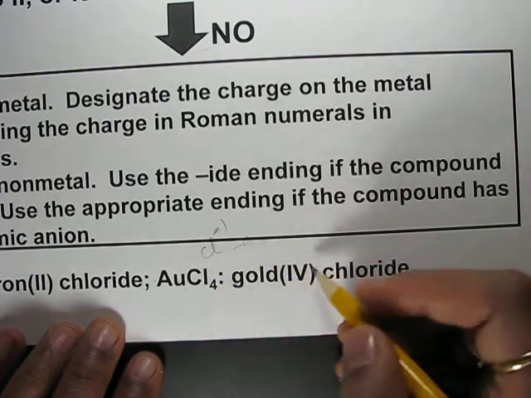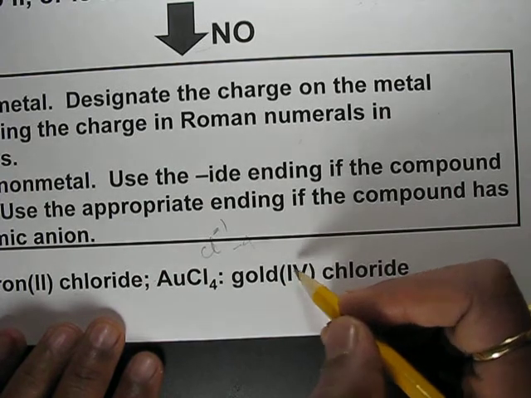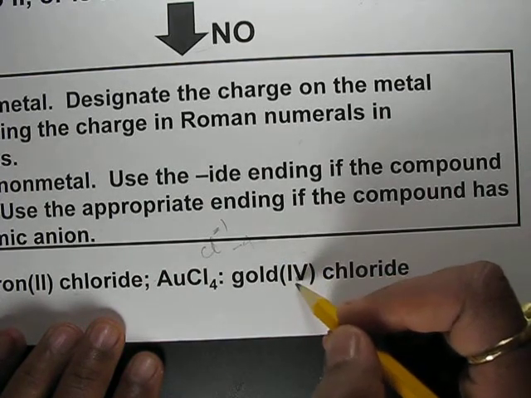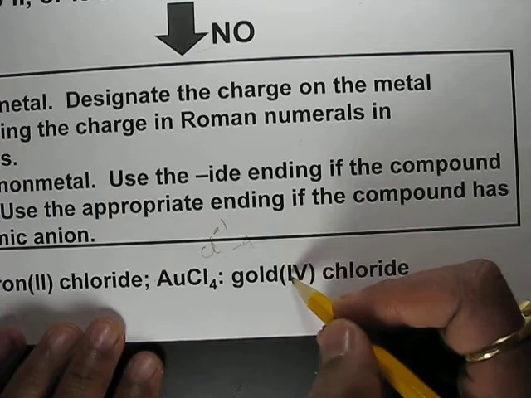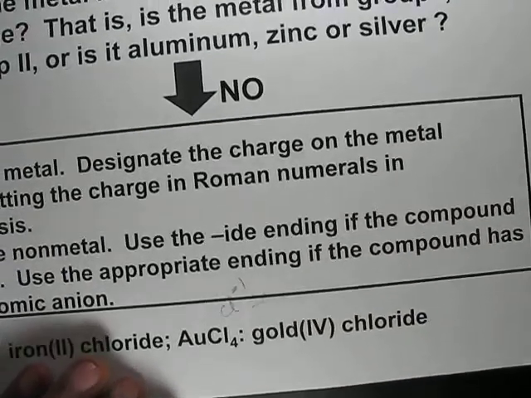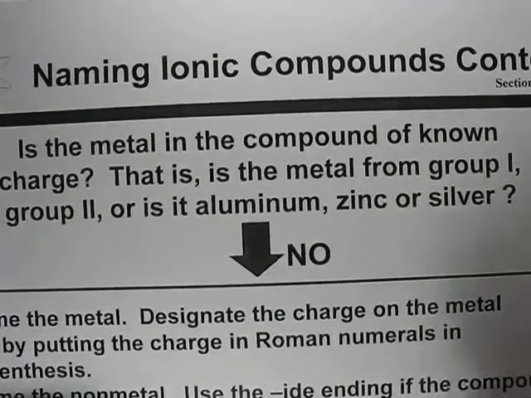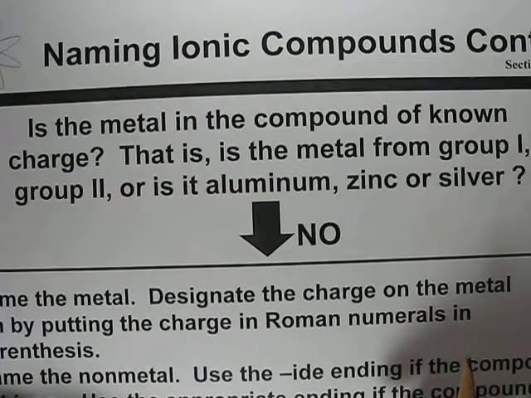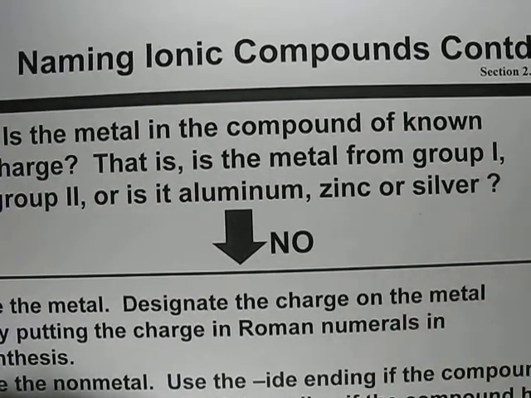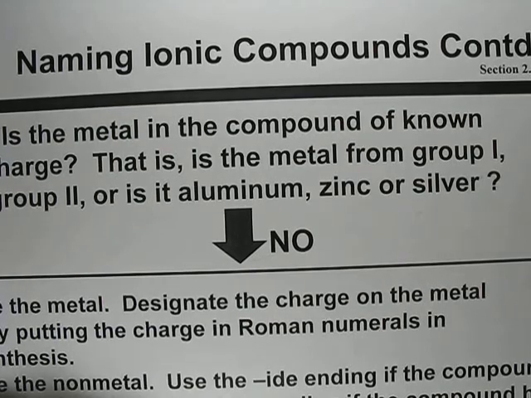To balance them we need to put 4 after gold, so gold, then in parentheses IV, and then chloride. So this is the way we write the name of ionic compounds, and then we'll see the naming of other ions and acids in the next video.